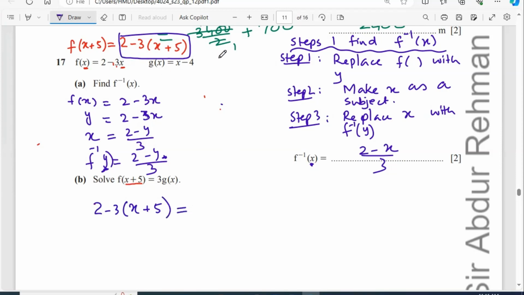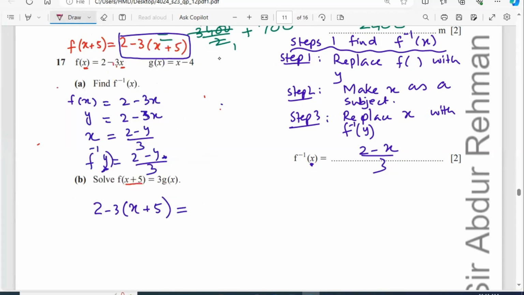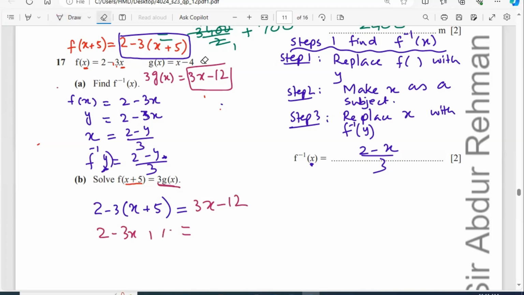Use the g of x function: we multiply g of x by 3 on the right side, so it will be 3x minus 12. Copy this 3x minus 12 in place of 3 times g of x. Now we get 2 minus 3x minus 15, not plus. 2 minus 3x minus 15 equals 3x minus 12.